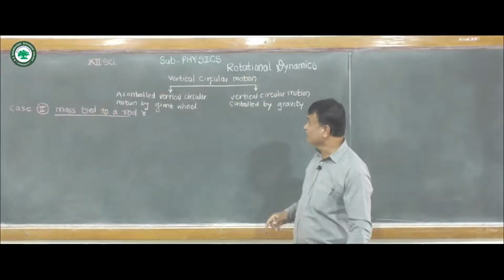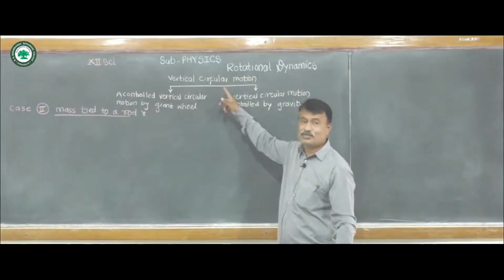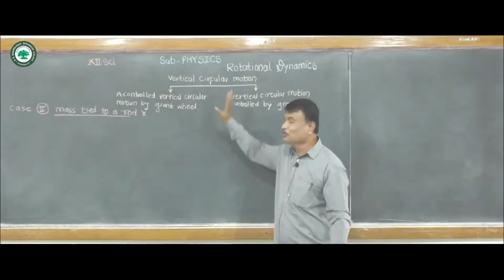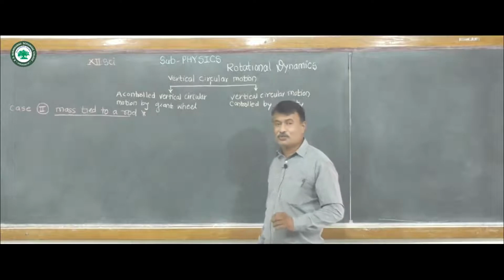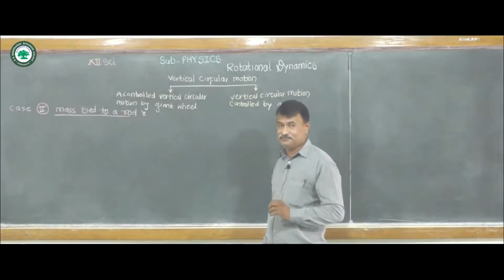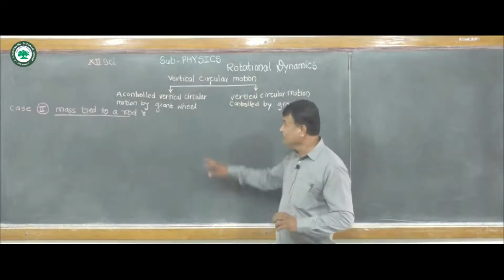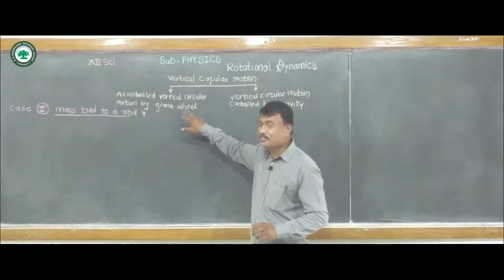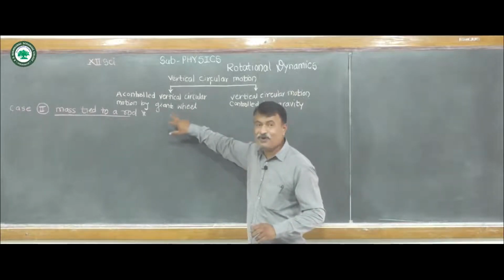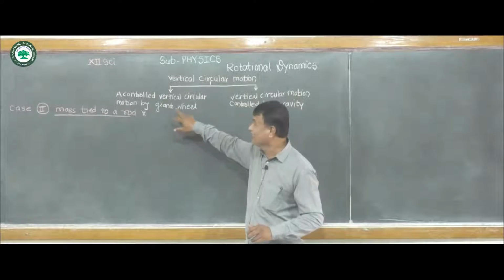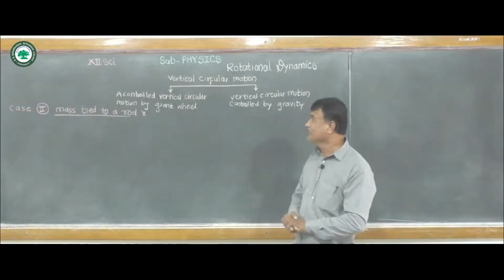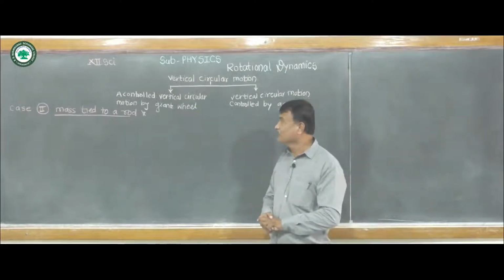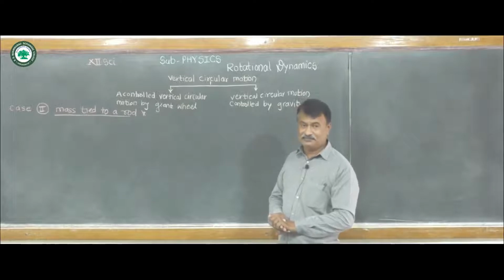Now this vertical circular motion is classified in two ways. A controlled vertical circular motion by a giant wheel. In this case, motion is given with the help of giant wheel, and that's why it is called as a controlled vertical circular motion by a giant wheel.